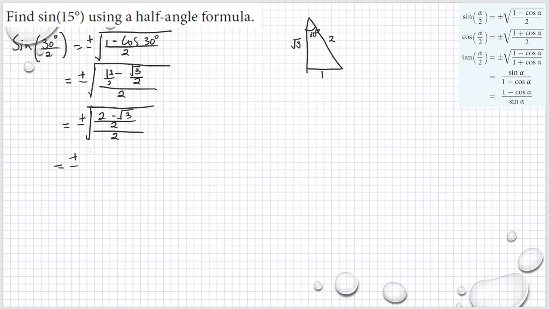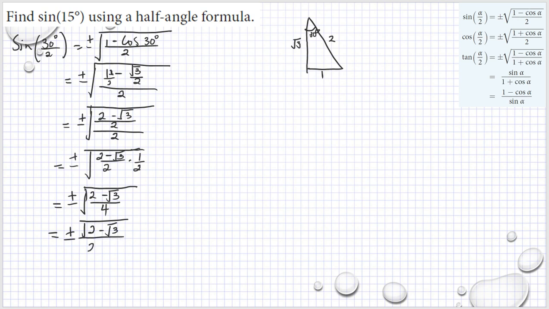Then we have plus minus square root of 2 minus square root of 3 divided by 2 multiplied by 1/2, because it's division. So we have plus minus square root of 2 minus square root of 3 divided by 4. That gives us square root of 2 minus square root of 3 divided by 2.